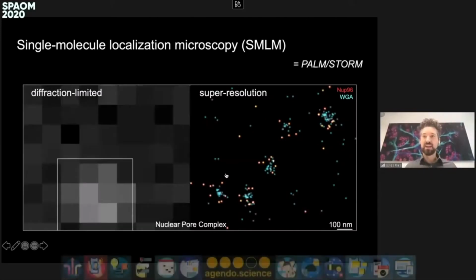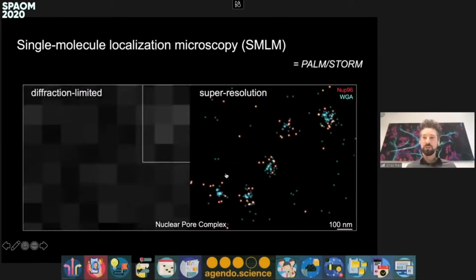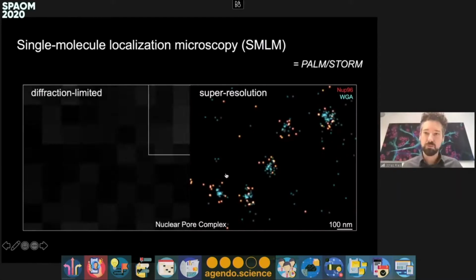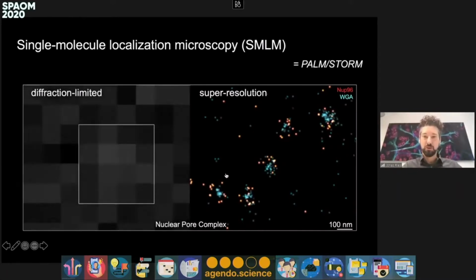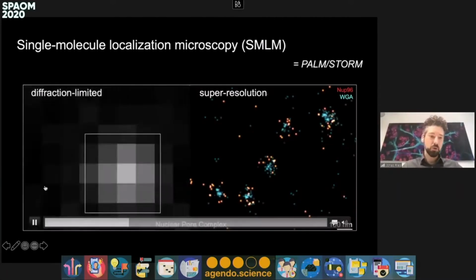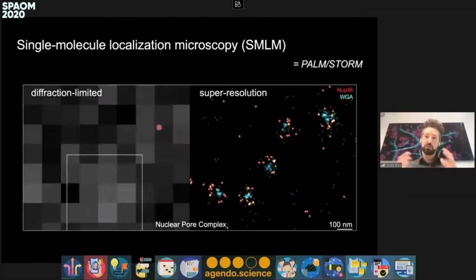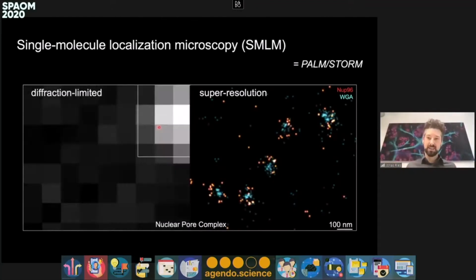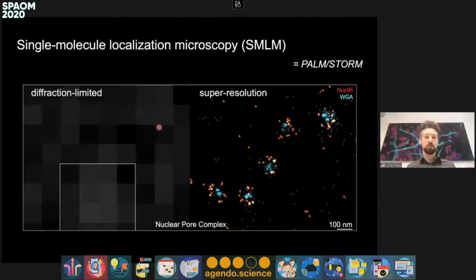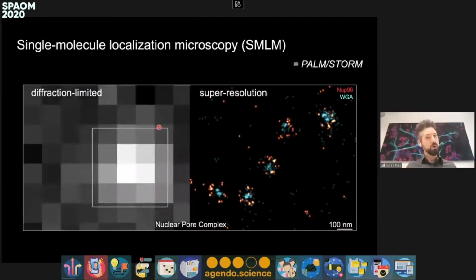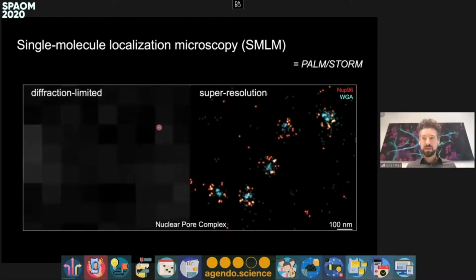This technique has been introduced quite a lot already during this conference, so I just want to briefly remind you. In single molecule localization microscopy, we need to use fluorophores that we can switch between a bright state and a dark state. In the beginning of the experiment, we switch off all the fluorophores, and then we acquire thousands to sometimes millions of camera frames.